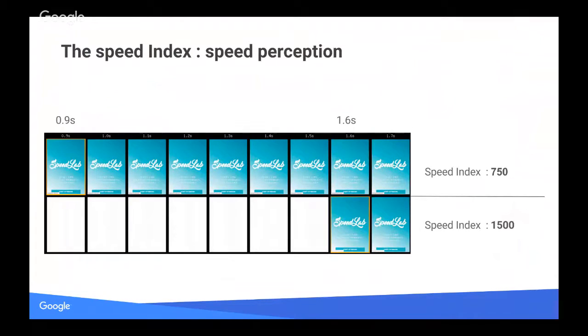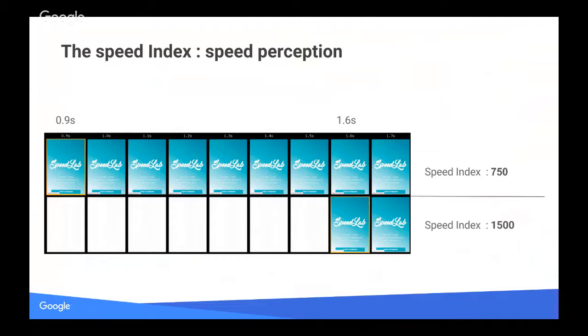Here is a really good example of speed perception. Here we can see 2 pages that contain exactly the same resources. As you can see, it looks the same. It actually has the same number of images, CSS, JavaScript, right? They both load in 2 seconds. But the first one displays the above the fold part in 0.7 seconds, and that's why the speed index is 750.